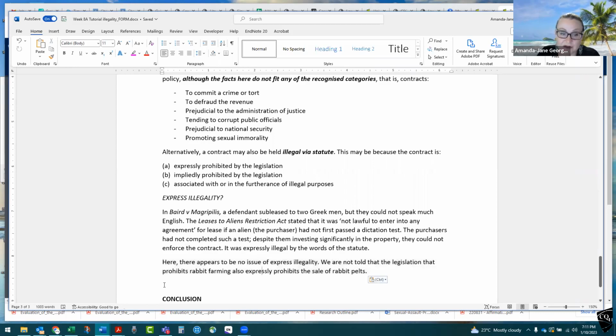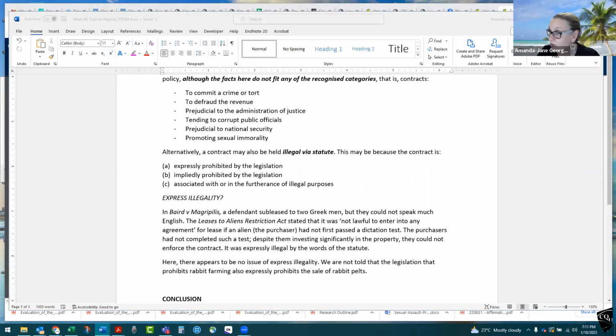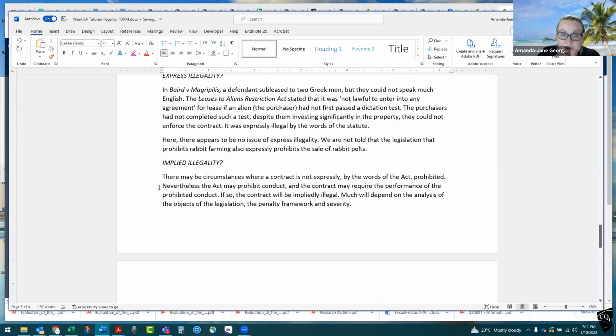Okay, all right. So now let's look at implied. Is it a case of implied illegality? And no, it's not a case of implied illegality. There might be circumstances where a contract's not expressly prohibited, but the legislation might prohibit conduct and the contract might require performance of that conduct.